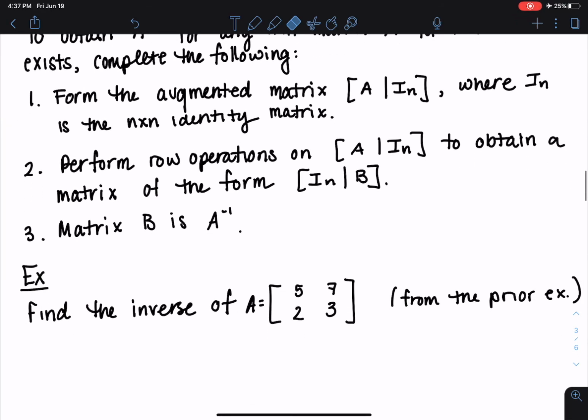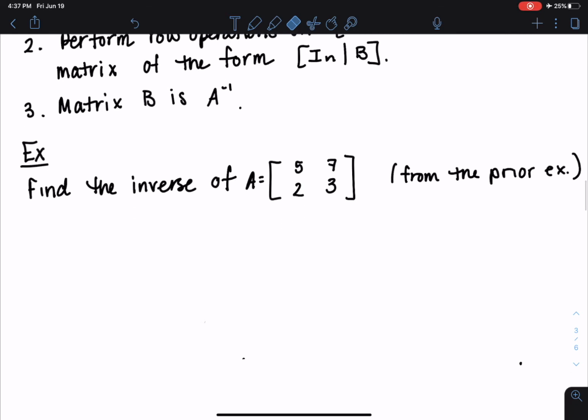So let's go ahead and find the inverse of one of the matrices from the prior example. We already know what this inverse is because we showed this matrix and the other were inverses, so we're going to see we get to that same answer. The first thing I want to do is make this augmented matrix.